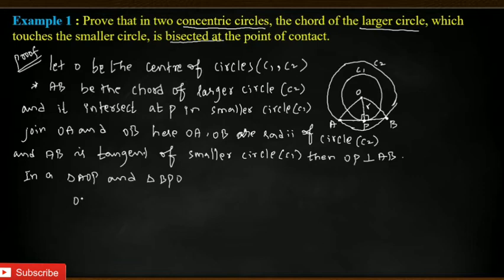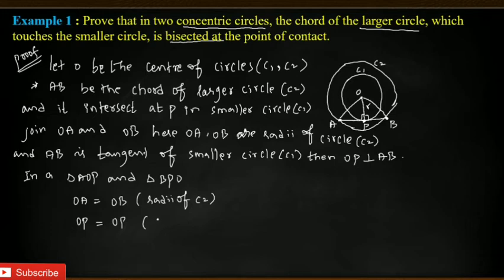OA is equal to OB. These are radii of circle 2. Like that, we have OP equal to OP. This is a common side.